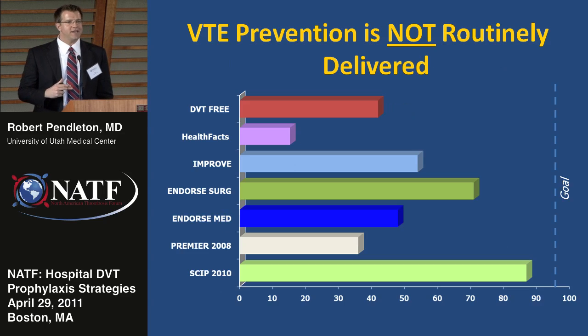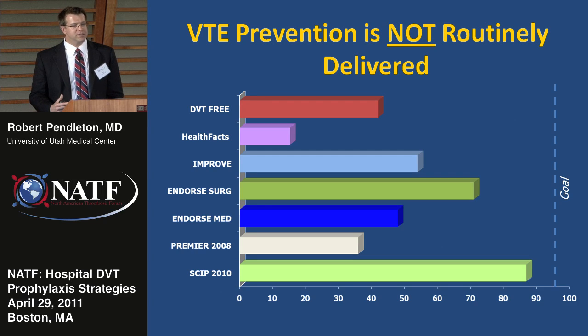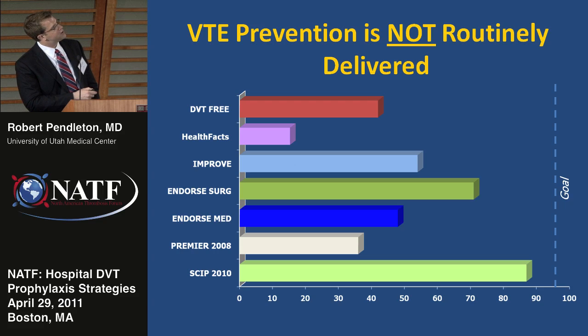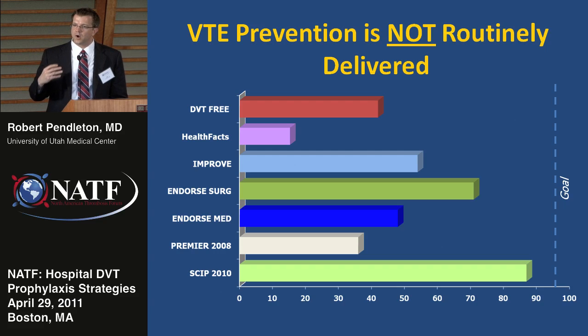Yet, despite 4 decades of clinical trials, we continue to not adequately deliver prevention strategies on a systematic basis across the United States. And every year or so, or actually now every quarter, I keep looking for studies that are going to show broad-based perspectives that we're really moving the needle and prophylaxing more appropriate patients.